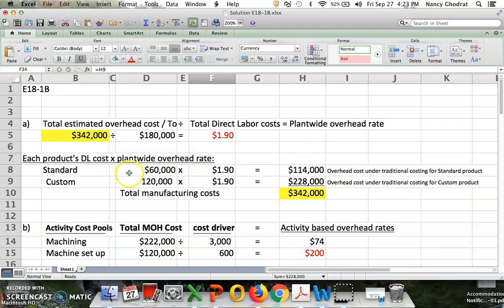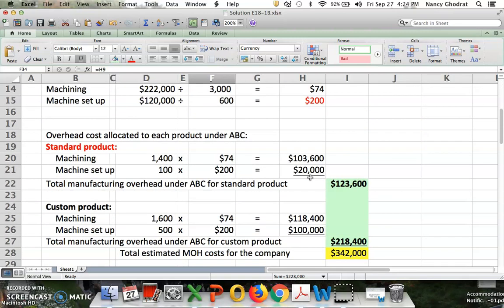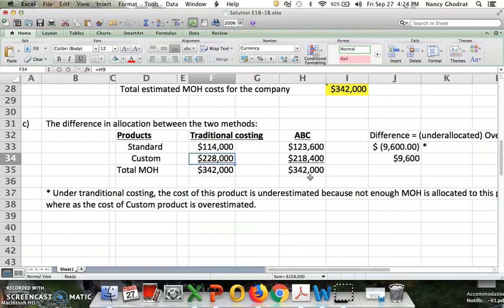Remember, we took the direct labor cost, multiplied it by the predetermined overhead rate, the $1.90 for both products, and that's how we arrived at the amount of overhead cost that should go to each product under the plant-wide or traditional costing. Both mean the same thing. And again, when you add these two numbers, you must arrive at the $342,000, otherwise you made a mistake.